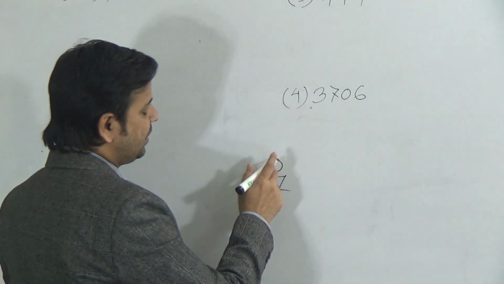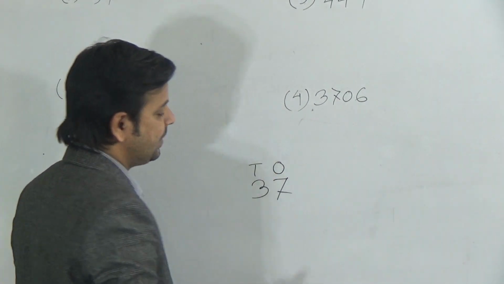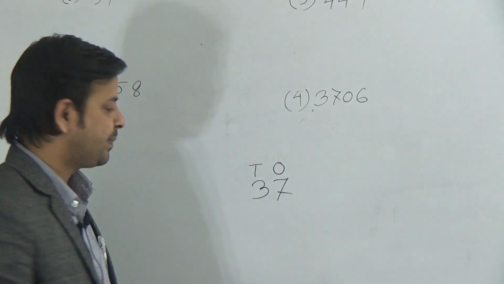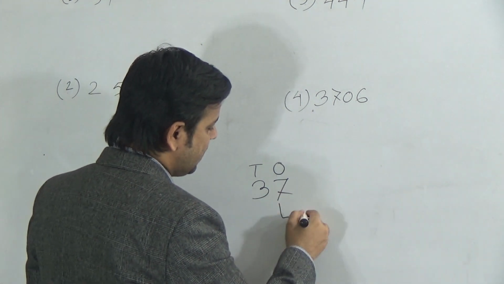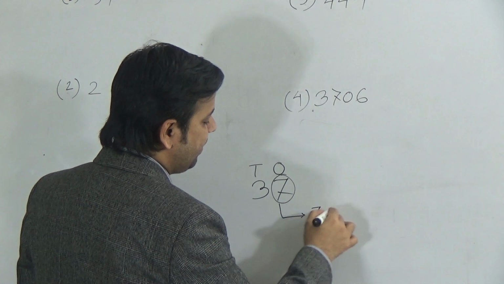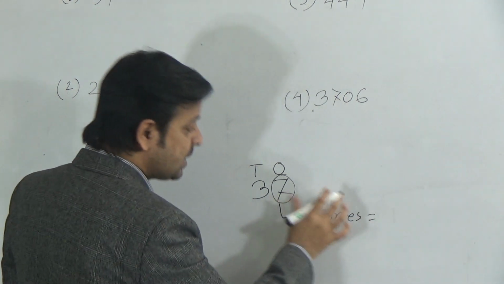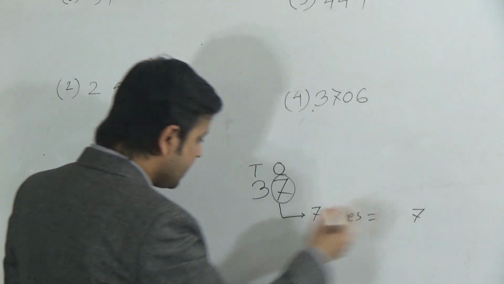For this I have denoted by O, and this place is known as tens place. As this is ones place, so the value of this digit in the number will be 7 ones. 7 ones means 7.